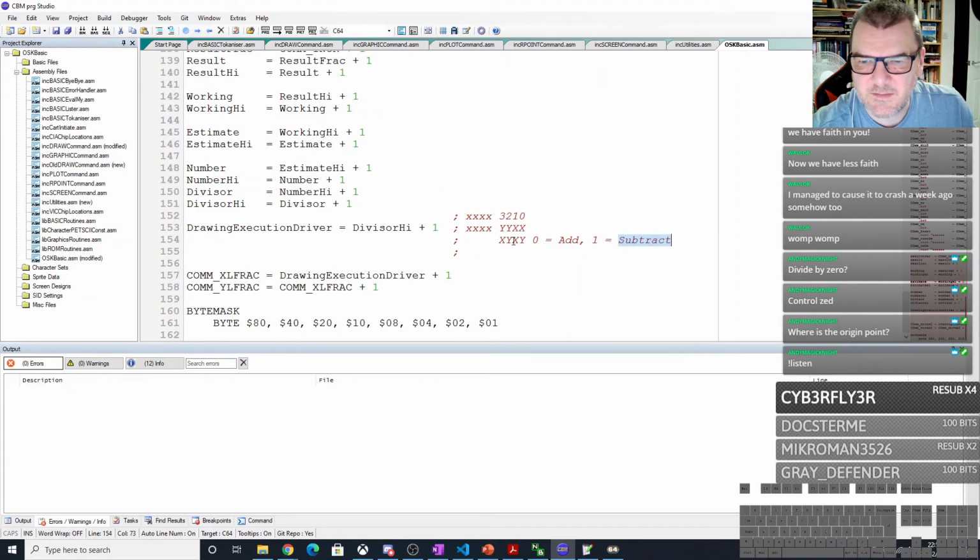So what it's, yeah, it's saying, we're running across the X, so it's working, right, so it's saying that Y should be subtract. So there we go. So it's worked it out right. Y is subtract.